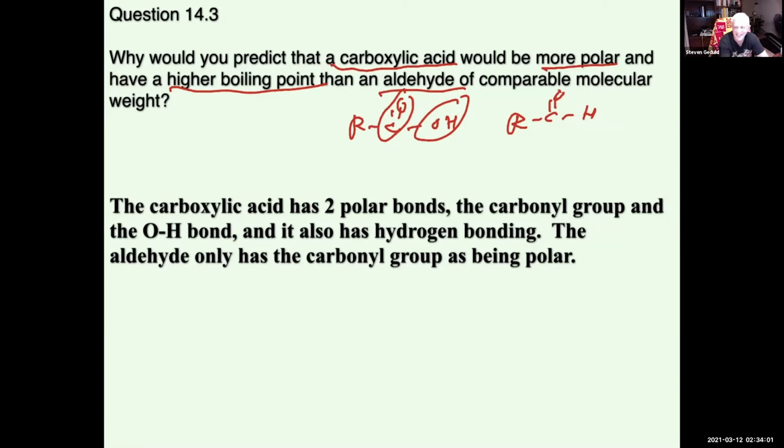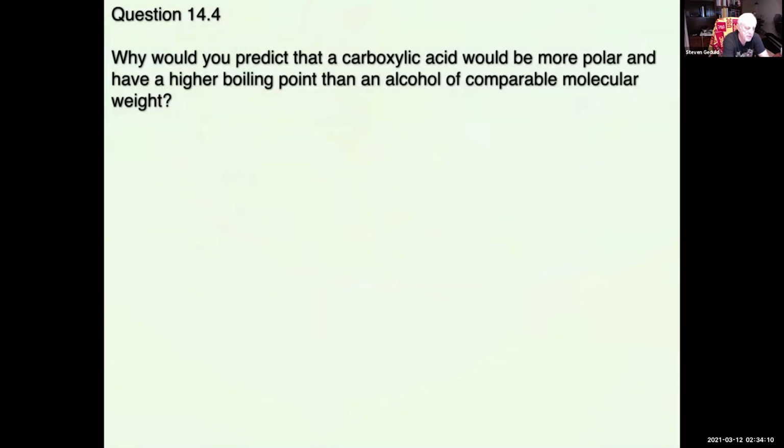Okay. All right. So the aldehyde only has one, the carbonyl group, as being polar. So you would predict that. Would you predict carboxylic acid to be more polar and have a higher boiling point than an alcohol of comparable molecular weight? Okay.